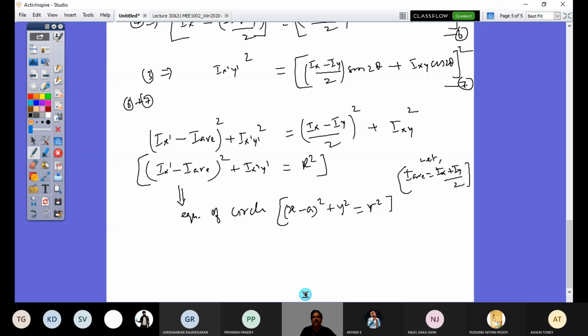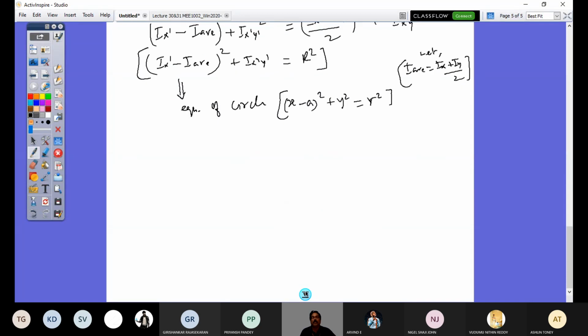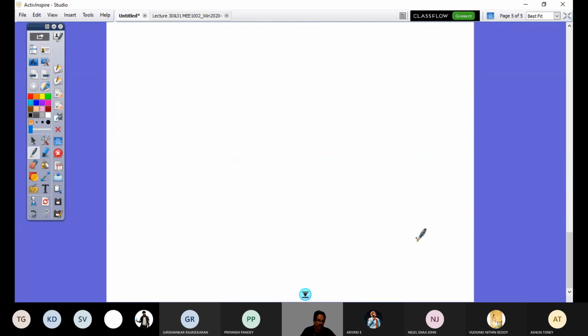That means the center of the circle is not at the origin, it is shifted to a point A, right? Here point A corresponds to the I average value. So how do I represent these equations graphically is this way.